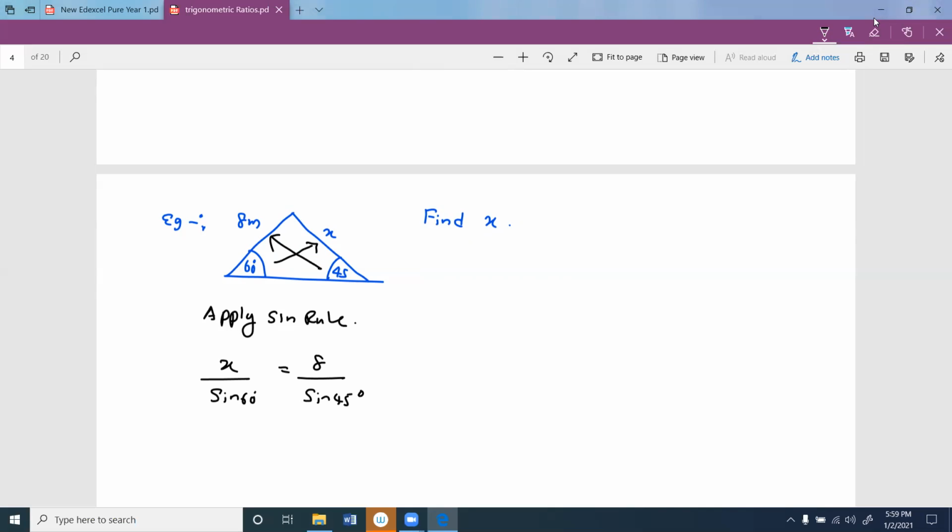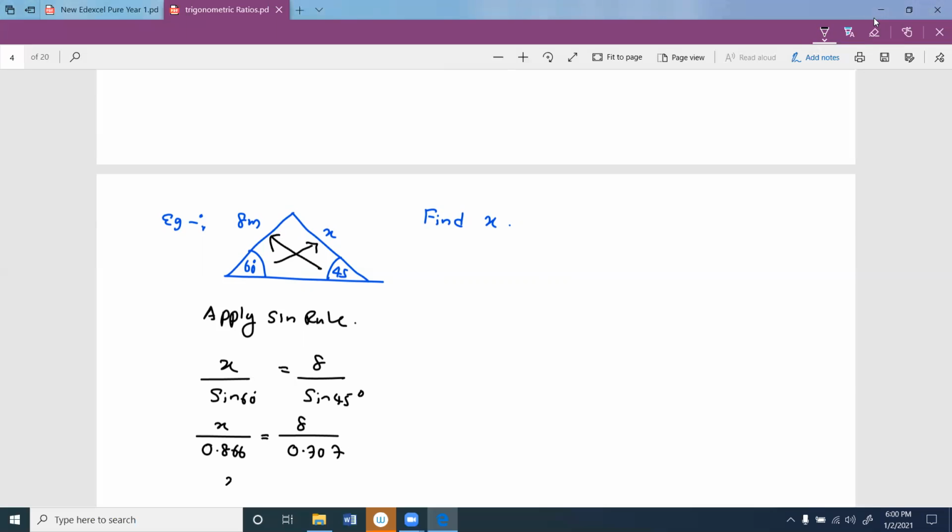So you can say x equals... sine 60 is root 3 over 2, that is 0.866. 8 divided by sine 45, sine 45 is 1 over root 2, that is 0.707.